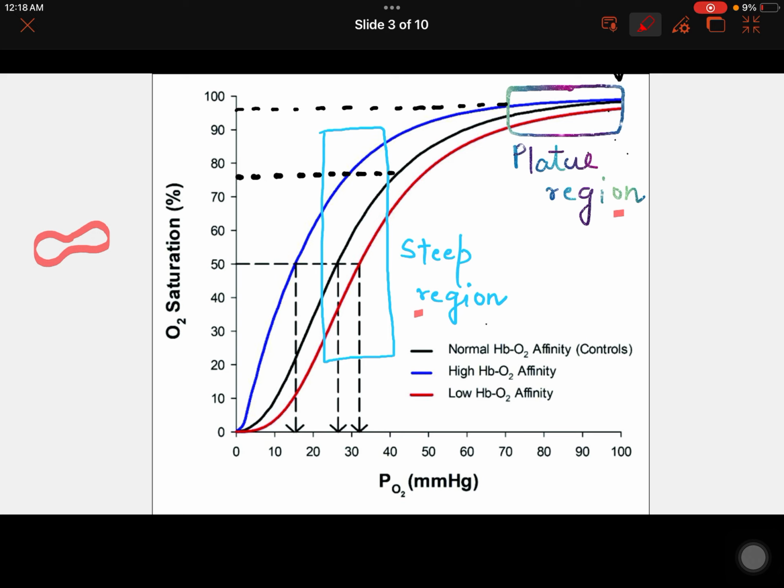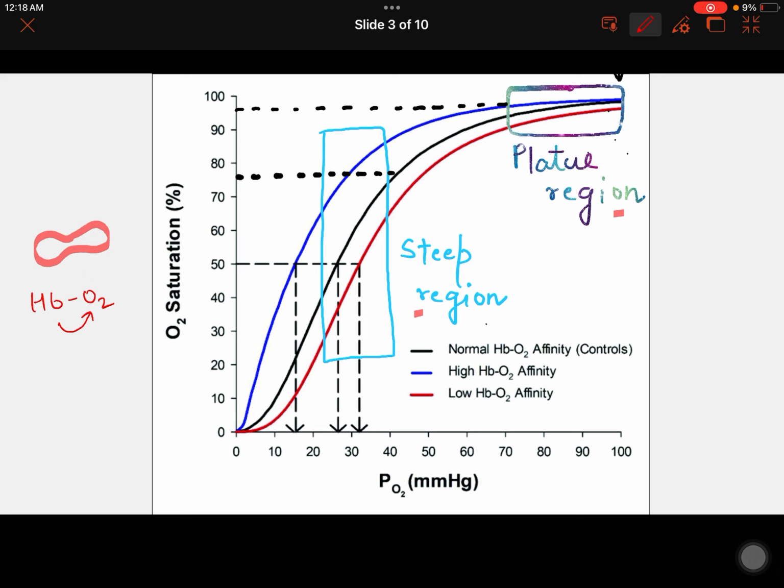So let's say this is the hemoglobin and oxygen binds to it. We will be talking about the affinity of this hemoglobin, that is, how efficiently the hemoglobin binds to oxygen.